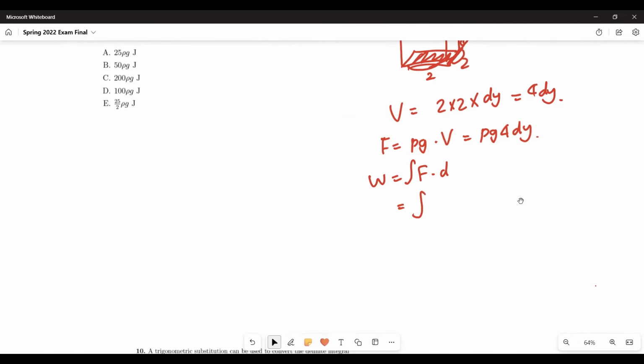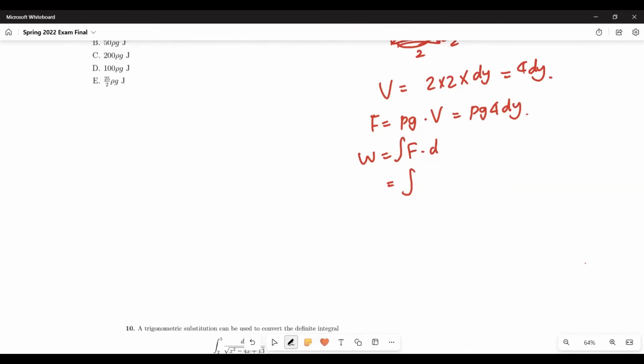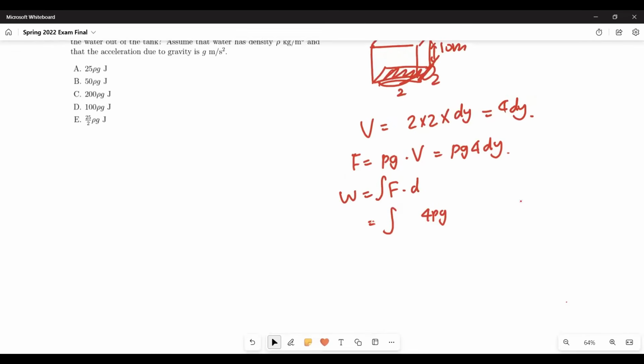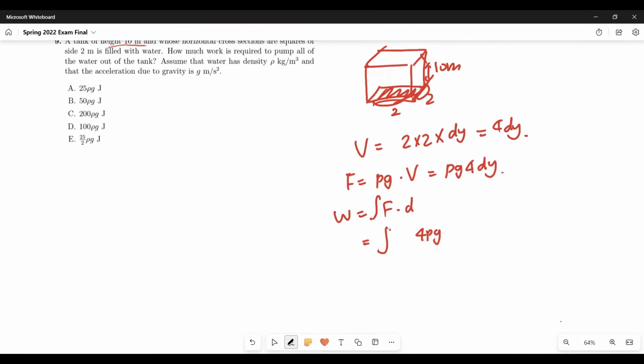Okay, so this is basically 4ρg, and the distance is 10 minus y, because if you say the entire thing is 10 and this is y, then this is 10 minus y, and we are asking how much work is required to pump all of the water out.